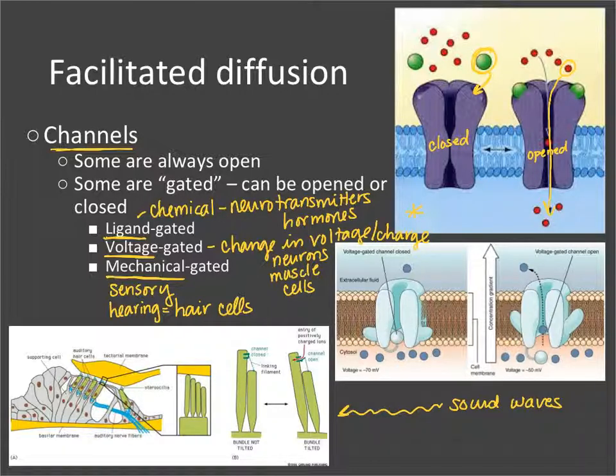And when it bends these structures, it opens up a channel and it allows something to cross that channel. And that's how the information gets kind of converted from sound waves to a signal that your brain can understand and process.